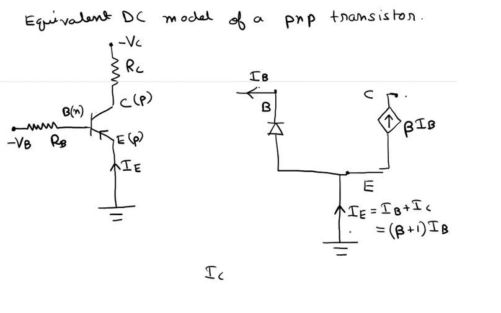Now the base is connected to the voltage source minus VB through this resistor RB here. So RB here, and then the collector is also connected to the voltage source minus VC through the resistor RC. So RC here.